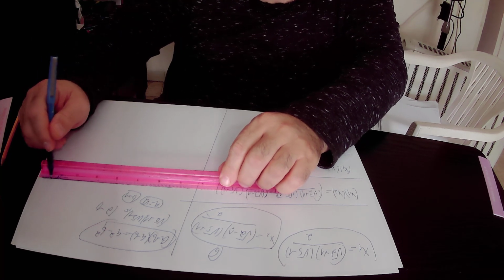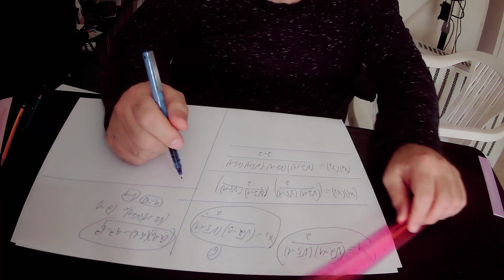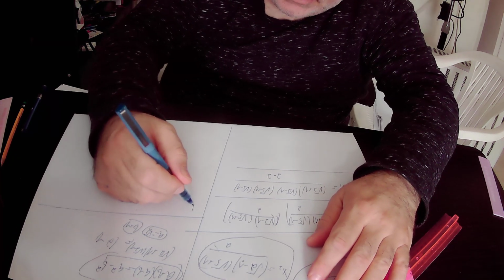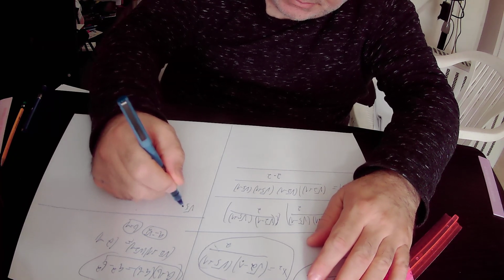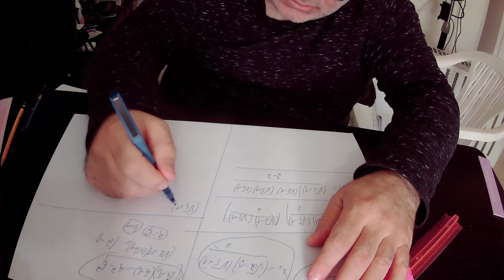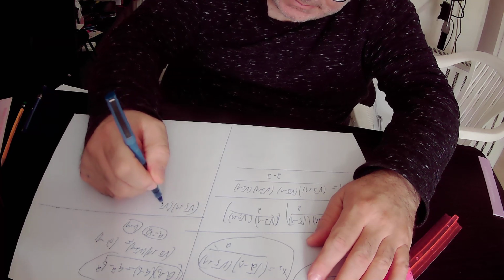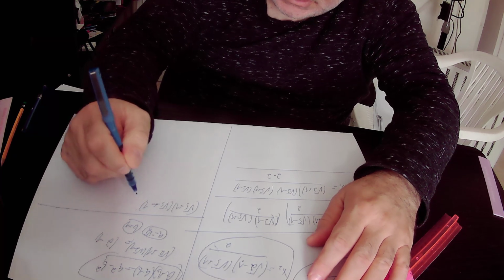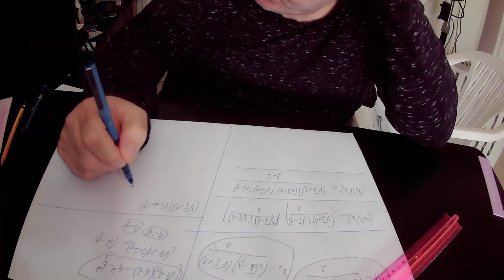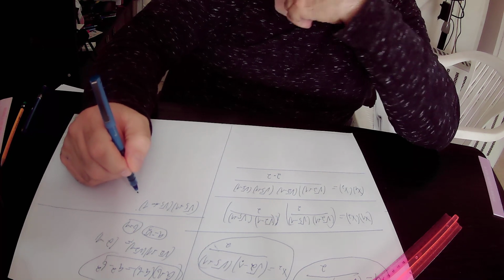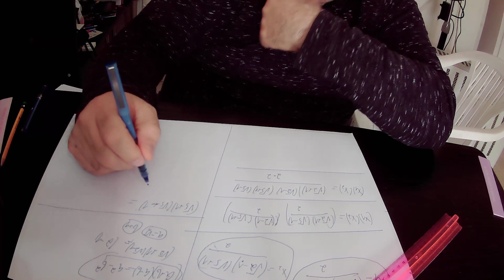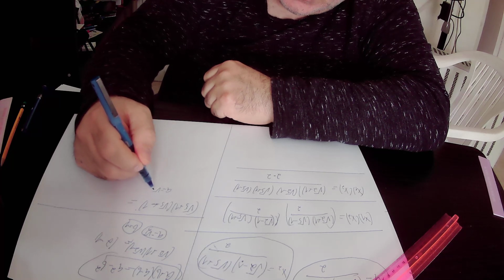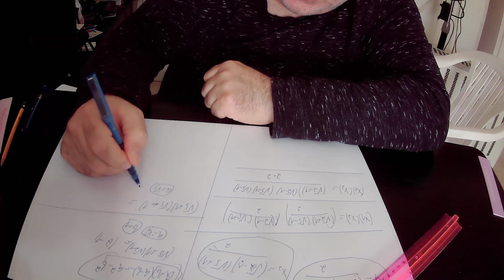We will calculate the value of the expression square root of 5 plus 1 times square root of 5 minus 1. In the same way, here we know that a equals square root of 5 and b equals 1.